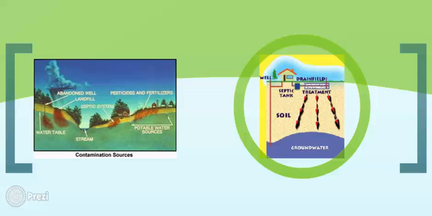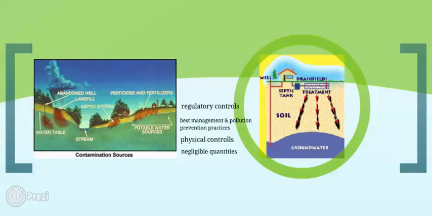These potential contamination sources need to be assessed as adequately controlled or not adequately controlled. To be assessed as adequately controlled, one or more of these controls needs to be present. Either regulatory controls, best management and pollution prevention practices, physical controls, or negligible quantities.